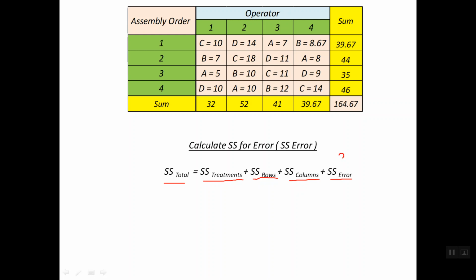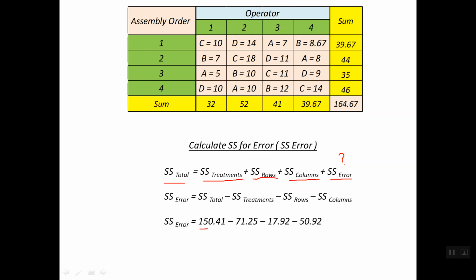The SS for the error is the unknown value here, so we can compute it using this formula. So this is the SS total, and this is the SS for the treatments. This is the SS for the rows, and this is the SS for the columns. So this is the value of the SS for the error. It's 10.32.